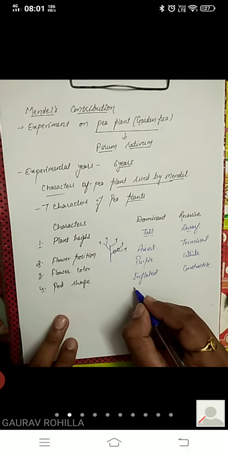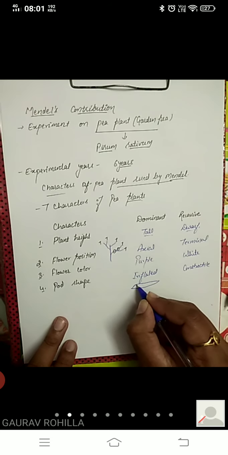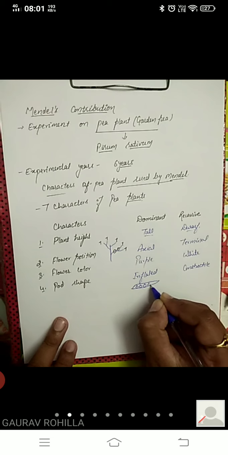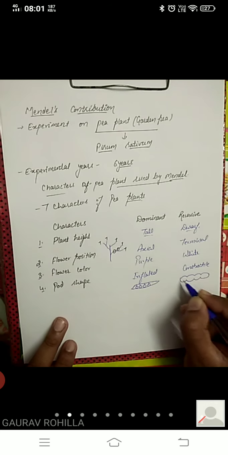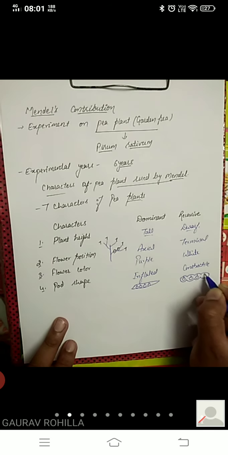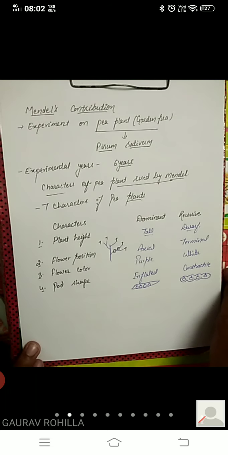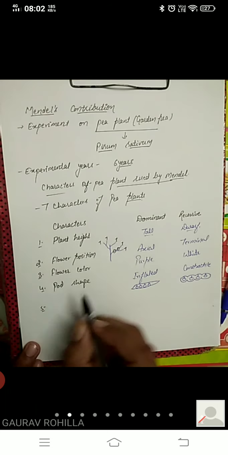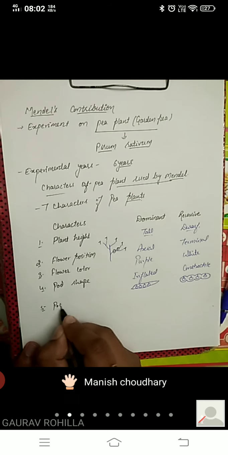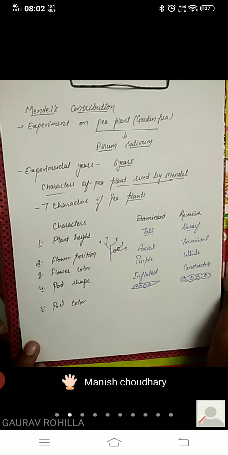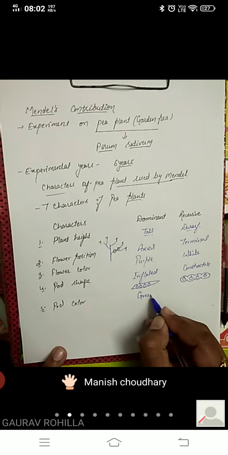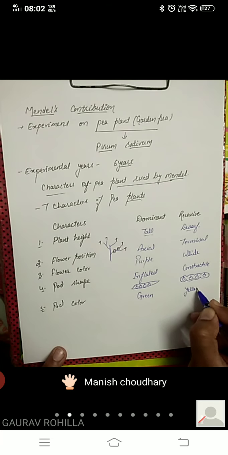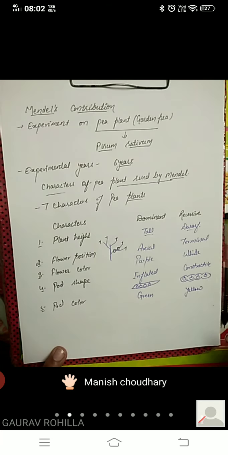Inflated means seeds are located inside it, and contractile means it is constricted like that. Fifth is pod color, green or yellow.